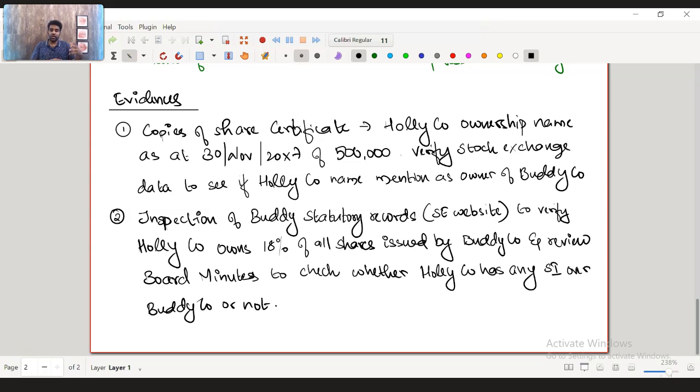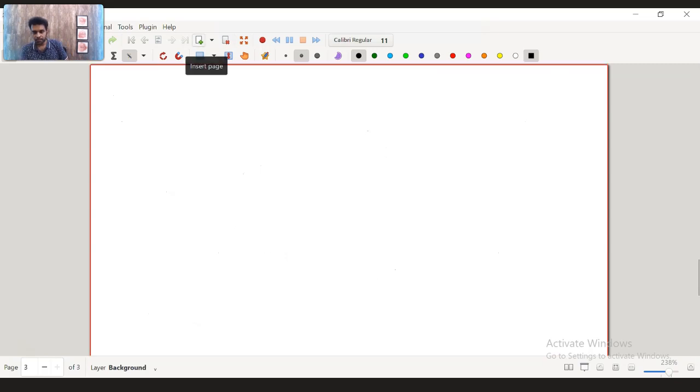You can also get external confirmation. You can reach out to Buddy company and check the ownership percentage and also verify whether there is any significant influence. That is also possible, but it's not necessary if we are able to get other details.